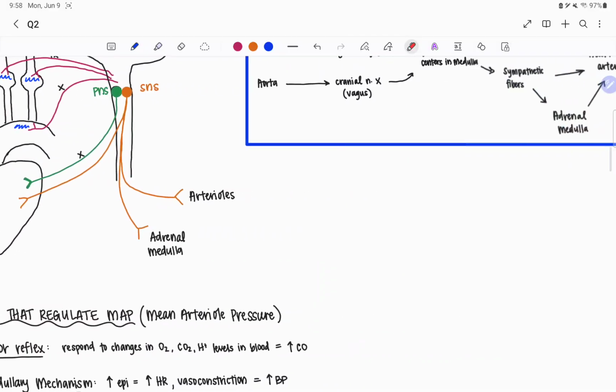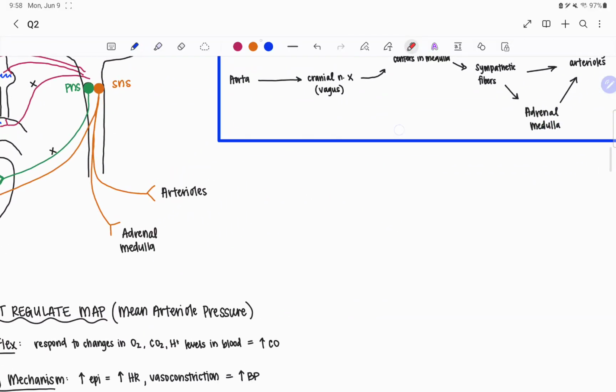Our MAP stands for mean arterial pressure. And that is equal to cardiac output times peripheral resistance.